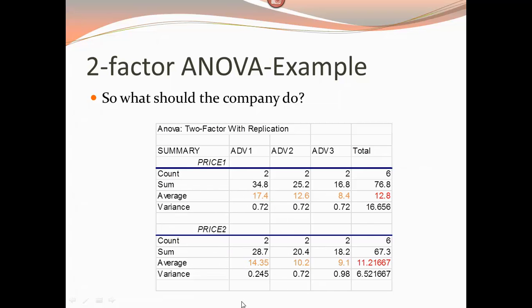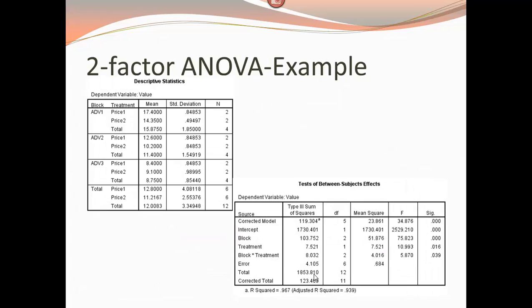So type 1 is better. And then when I consider that interaction effect, price 1 is better with advertising 1, and price 2 is also better with advertising 1. So overall, I would say, based on this information, sell at 600 and advertise on TV would be my recommendation from this data.